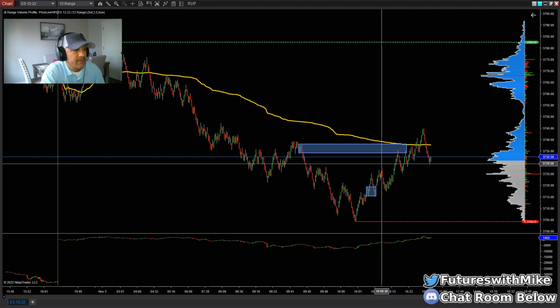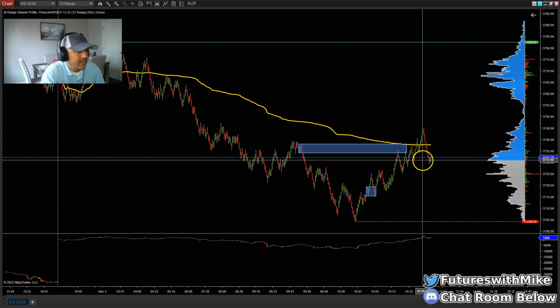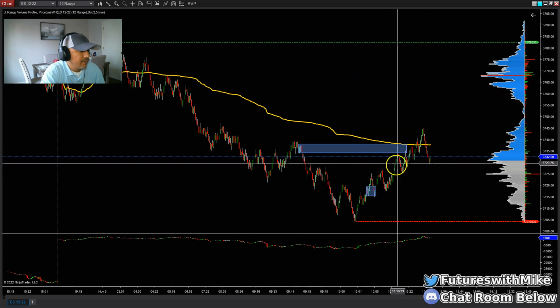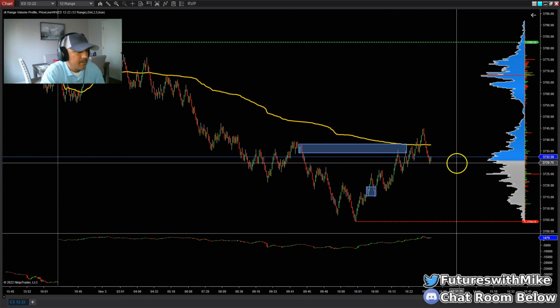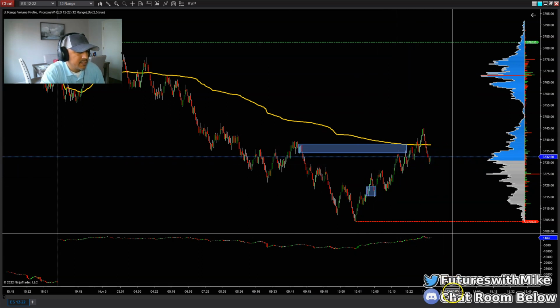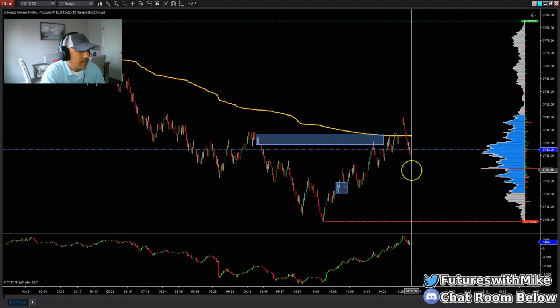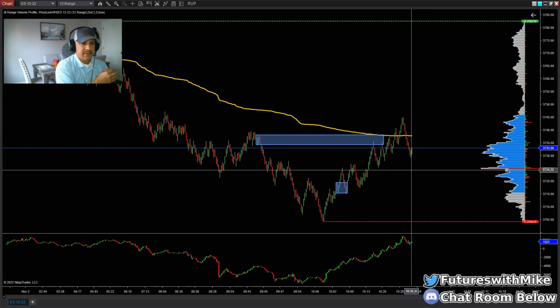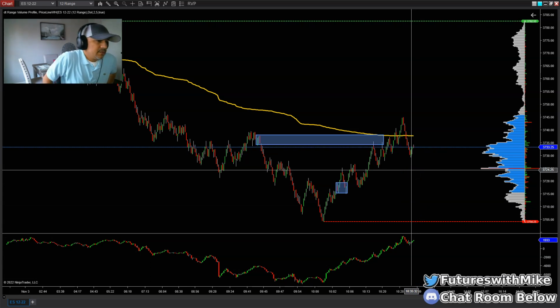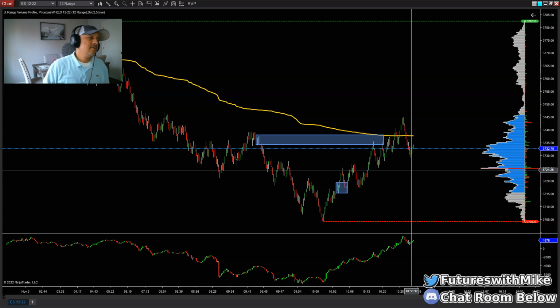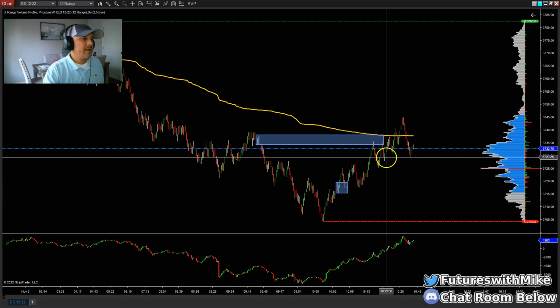And all these areas in between here, these are areas of demand resting right here. But I have to be careful what's above us. You've got to follow price action. Just because price taps to an area of supply or demand, in this case demand resting right here, doesn't mean that you just jump into the trade.